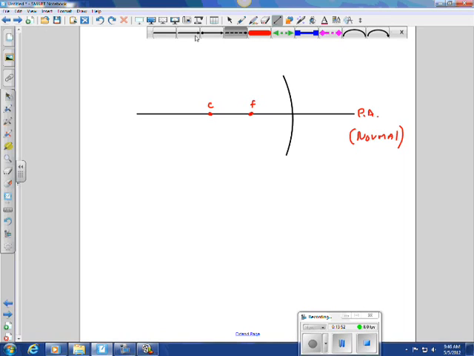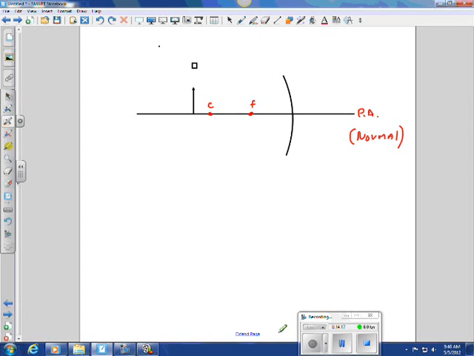First of all, let's put our object over here. Okay? And just so we can remember this is our object, I'm going to put a little O above it for object. O for object. Well, it's supposed to be an O. You get the idea. Okay. Let's make it a better O. O for object.